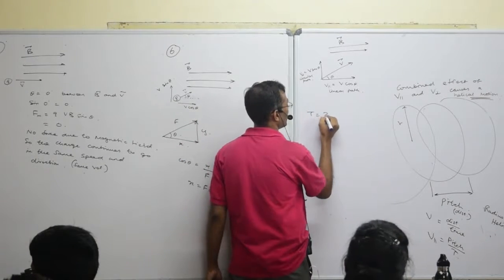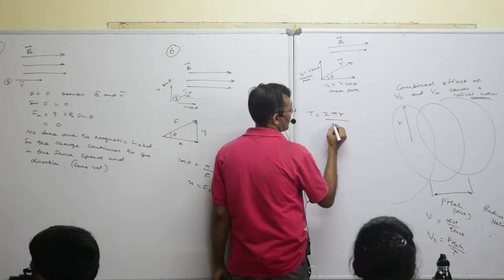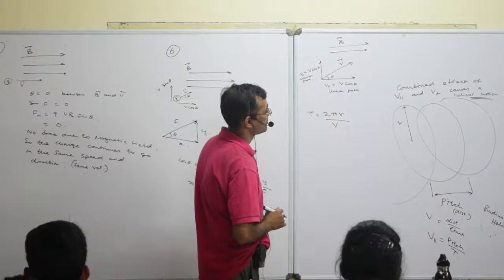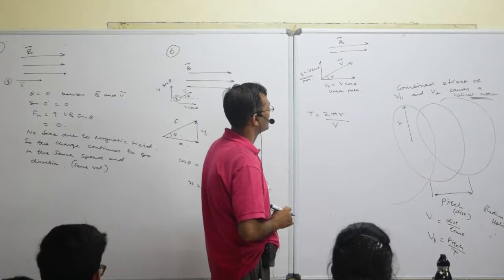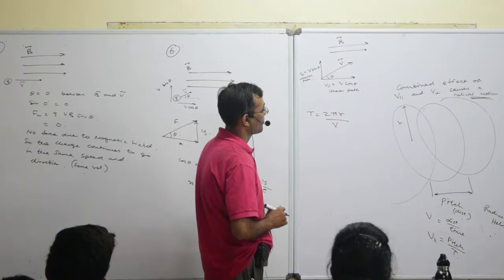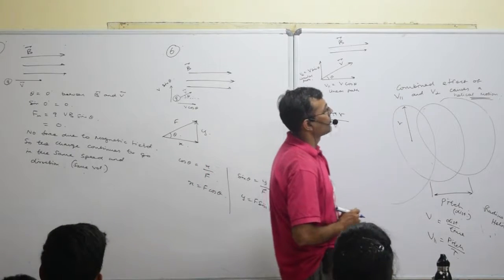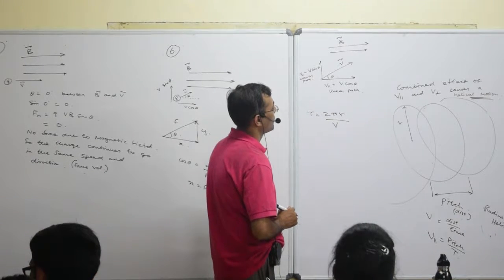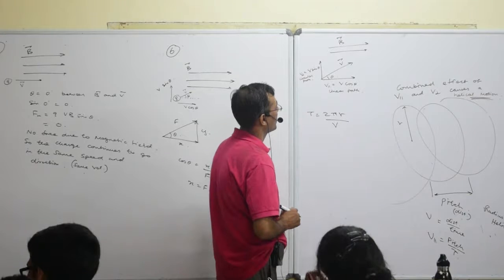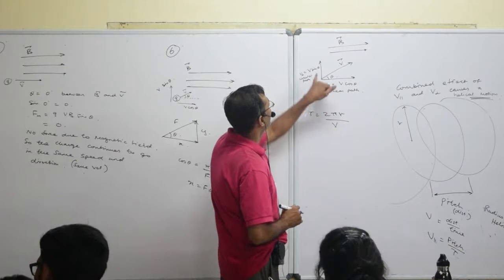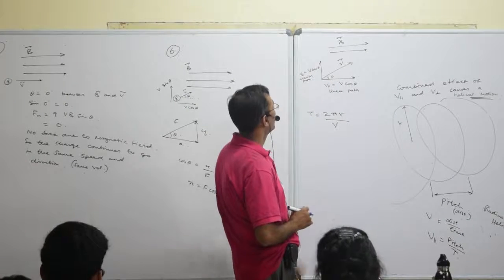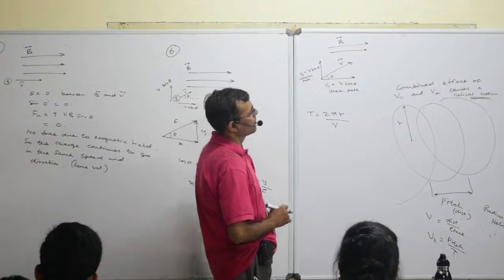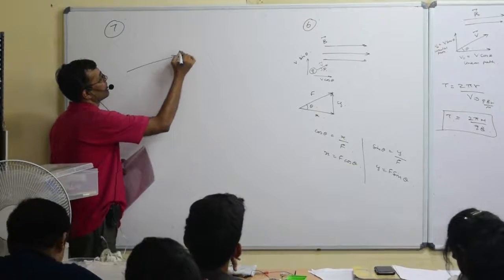T is equal to 2 pi R by v. You will get the same thing, 2 pi R by velocity. In this case, you will have to substitute V sin theta here. So it will be V sin theta here by R time. Magnetic field going this way.